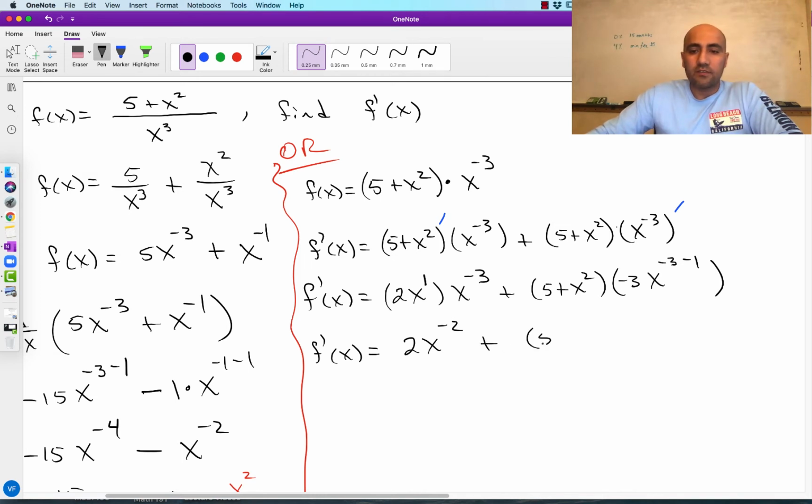Plus, this becomes 5 plus x squared minus 3x to the minus 4 power. And then we're going to distribute. Okay, f prime of x equals 2x to the minus 2 power plus 5x.